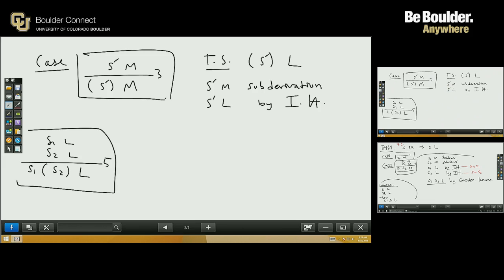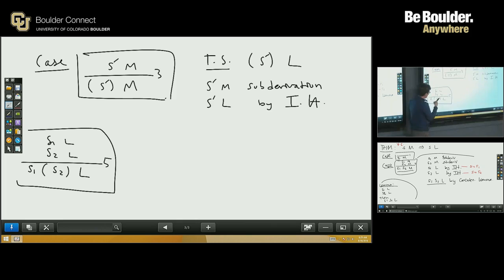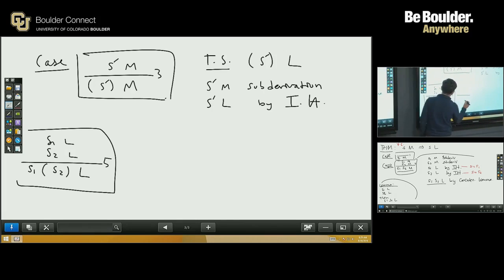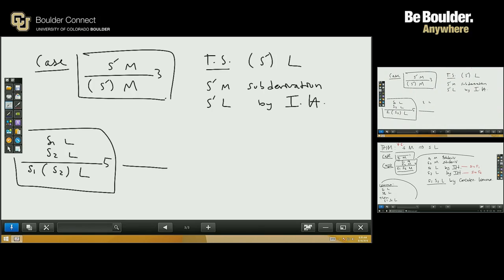So how can I justify applying this rule to this? I can basically say that this one is empty. So if S1 is empty, then I can also say, this rule isn't part of our rule system, but it could be.